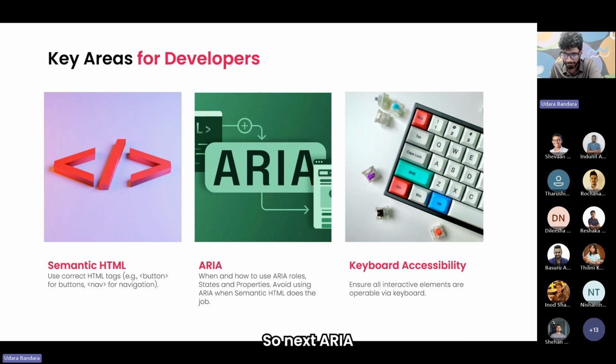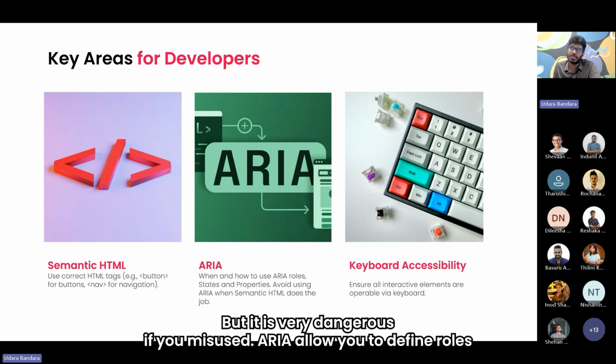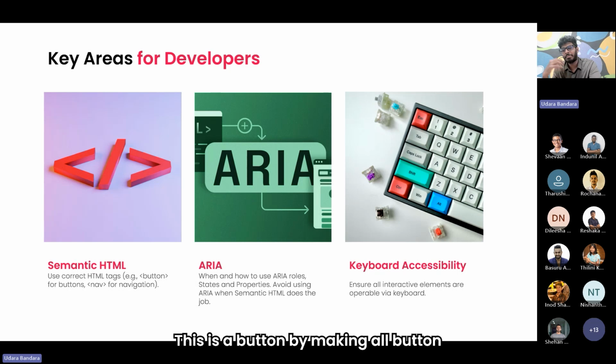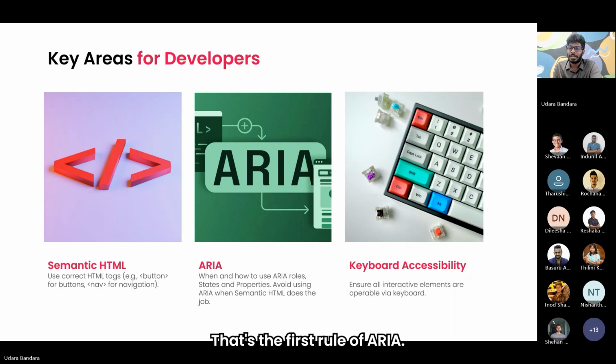Next, ARIA. That is a very powerful tool, but it is very dangerous if misused. ARIA allows you to define roles, states, and properties, like telling assistive technology this is a button by setting role button. But do not use ARIA when native HTML already does the job. That's the first rule of ARIA.